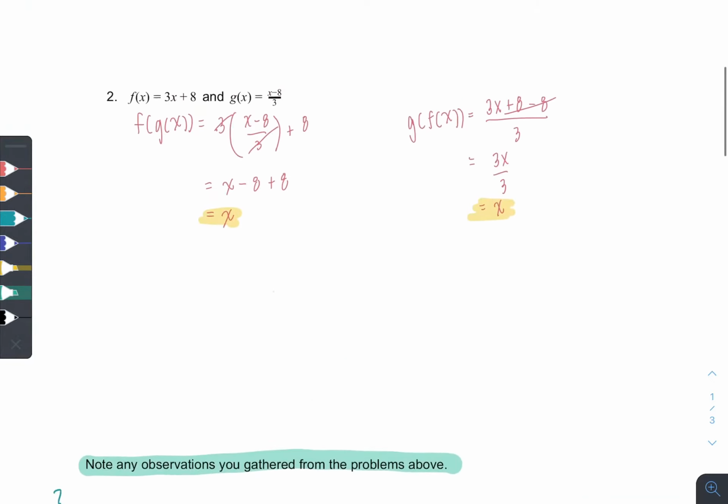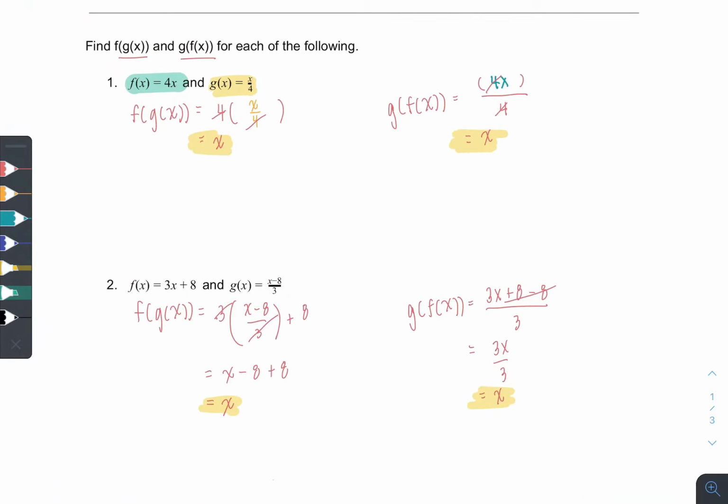You should have put that both 1 and 2, so f of g of x and g of f of x, so g of x and f of x are inverses of each other. I'm going to go ahead and write that out. So f of x and g of x are inverses of each other. And that's because their composite functions are both equal to x.